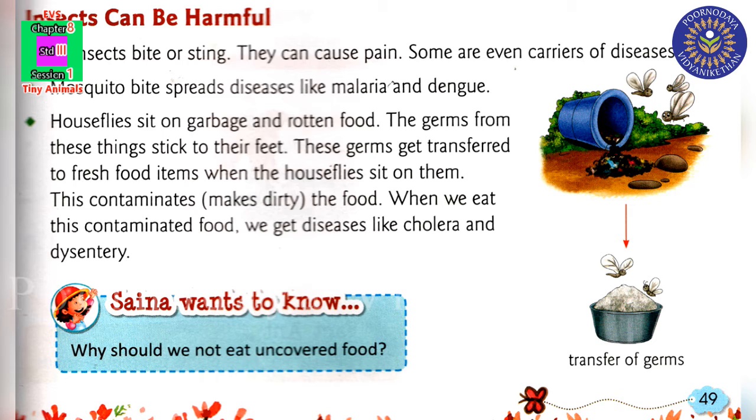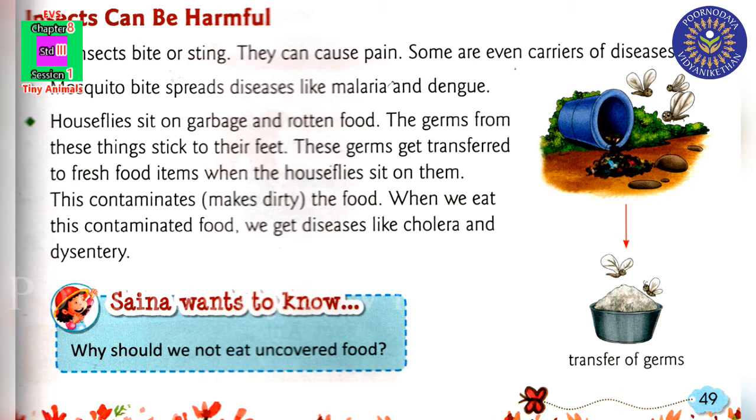These germs get transferred to fresh food items. When the houseflies sit on them, this contaminates the food. When we eat this contaminated food, we get diseases like cholera and dysentery.